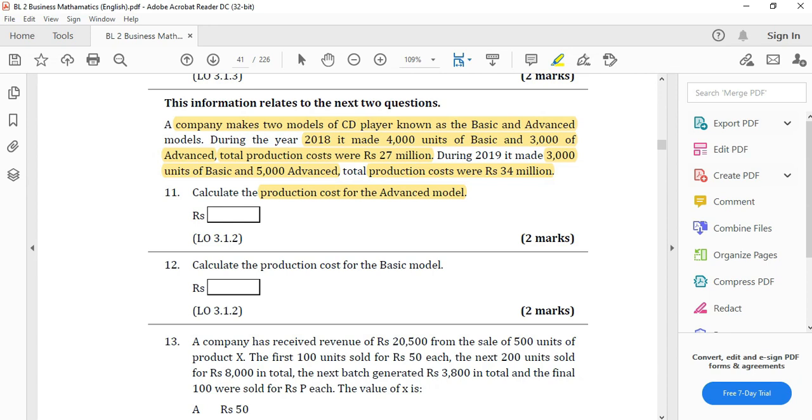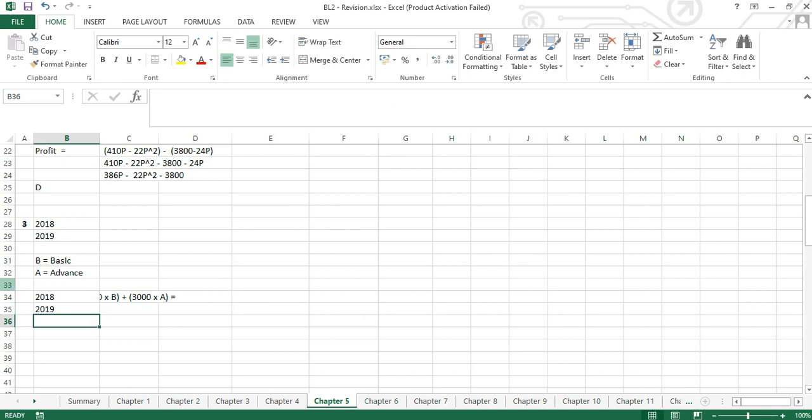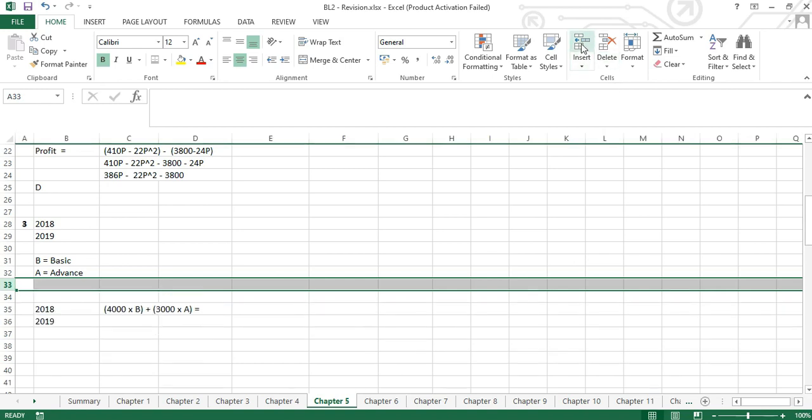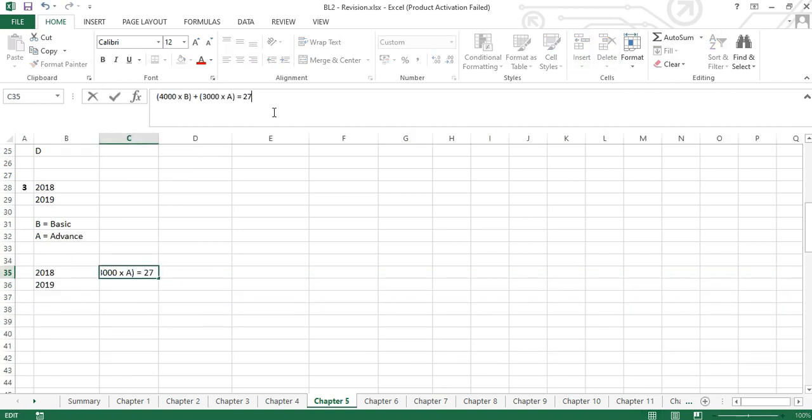Fine. So we will have to assume that the individual cost for both basic and advanced is the same, because they are asking for the total cost. So this is equal to 27 million. Let's put it in millions for clarity. So what this B is actually, I'm going to put it as basic unit cost.